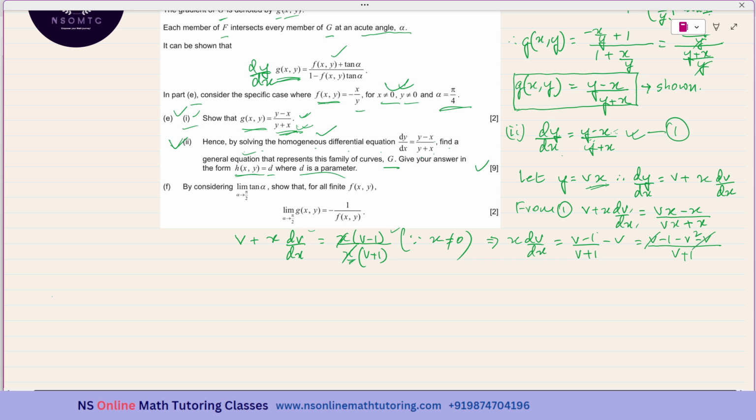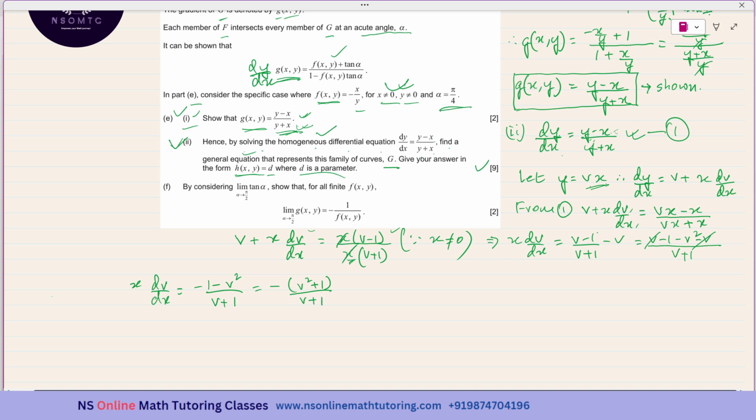So I am having x dv by dx is equal to negative 1 negative v square over v plus 1. Okay, so this can be written as negative v square plus 1 over v plus 1.